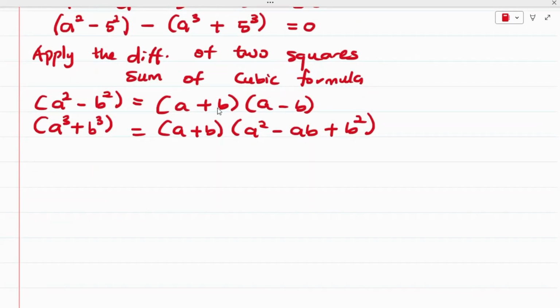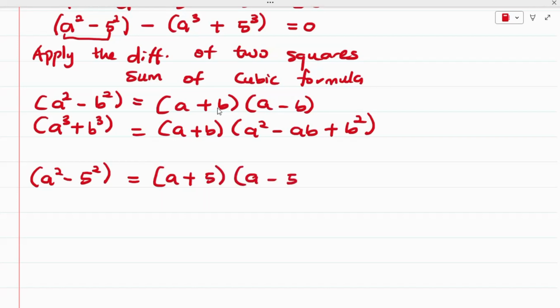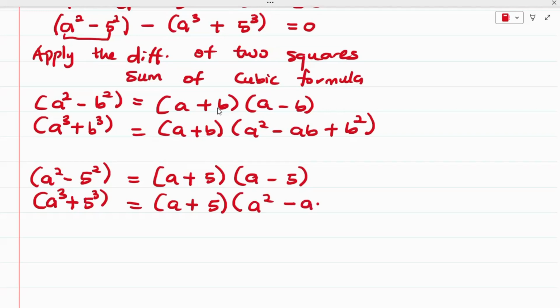Alright, so for a square minus 5 raised to the power of 2, we have a square minus 5 square. This is equal to a plus 5 multiply a minus 5, and for a raised to the power of 3 plus 5 raised to the power of 3, this is equal to a plus 5 multiply a square minus a multiply b, what is b, we have b to be 5, plus b square, which is 5 square.